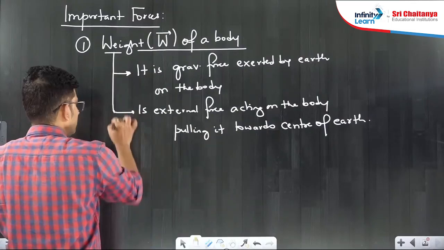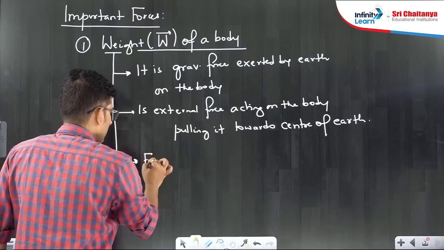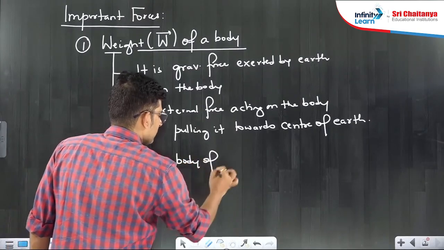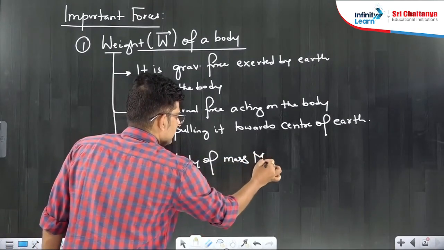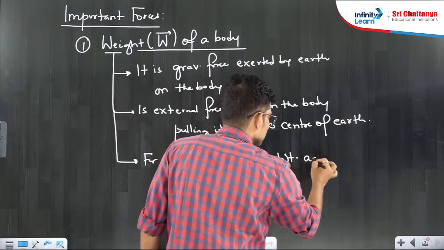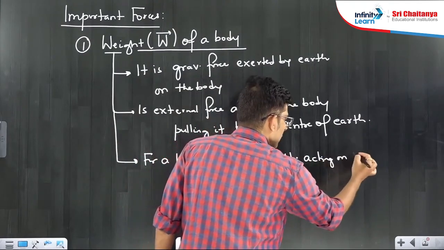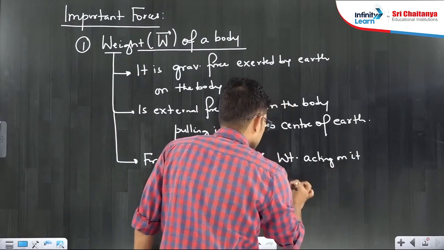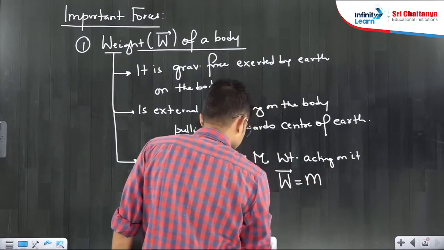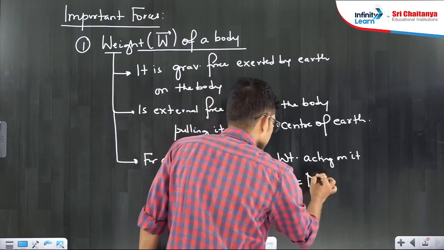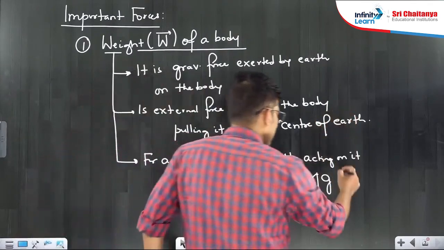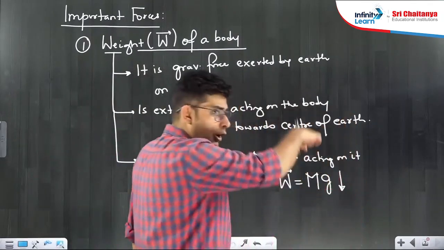So for a body whose mass is m, we will say weight acting on the body, its value we write as mg, where g is the acceleration due to gravity and it is shown to act downwards.